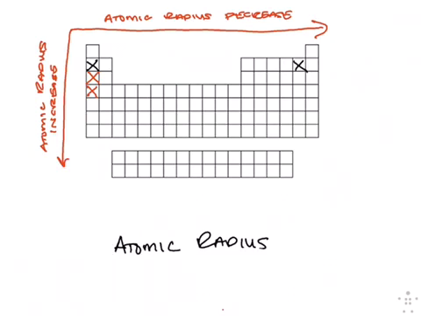And naturally, those energy levels are further and further away from the nucleus, which is why the atom is getting bigger. So remember the trend, and again, remember why. If you're comparing elements in the same row, it's decreasing because you have an increased effective nuclear charge or core charge. And then going down a group, you have extra energy shells of electrons, which is making the atom a lot bigger. Now the next one we want to go over is ionization energy.